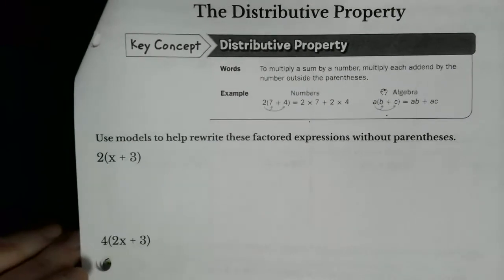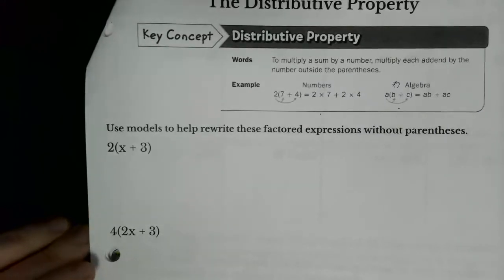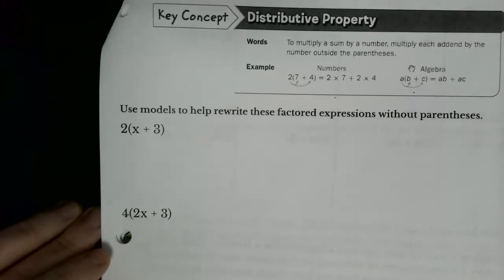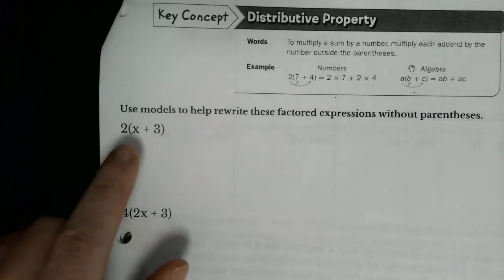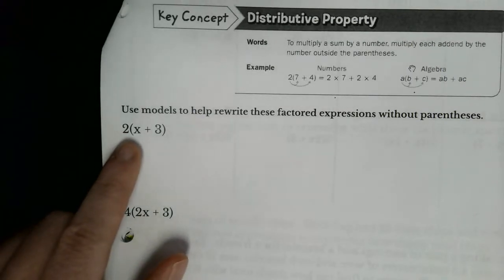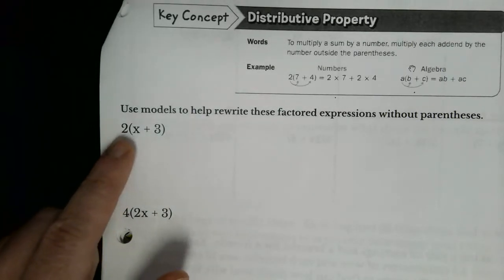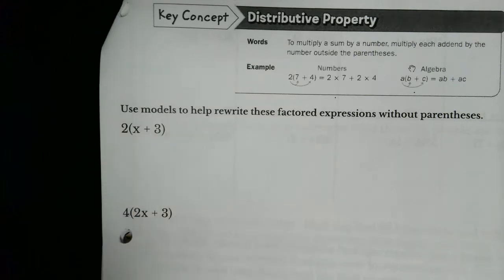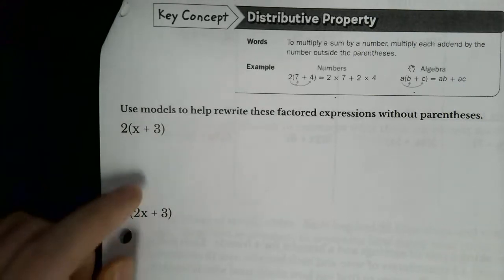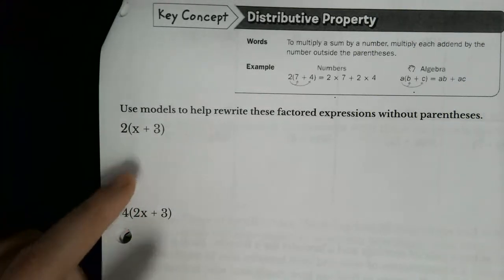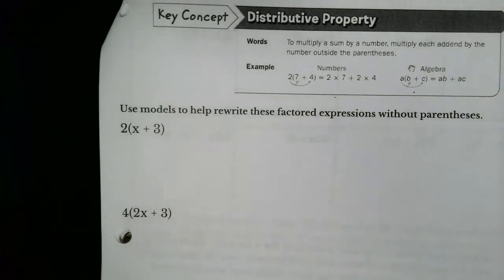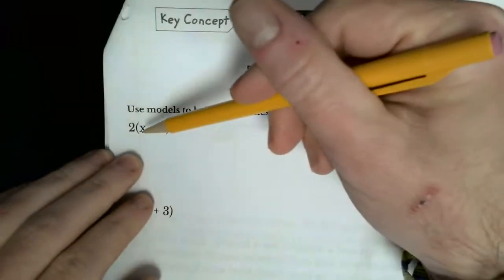We actually did kind of the opposite of the distributive property when we did factoring. So you can see here's an expression. We have two groups of x plus 3. That's how you could read that, or 2 times x plus 3. So what we can do is use the distributive property to get rid of the parentheses. We can simplify it by getting rid of the parentheses.